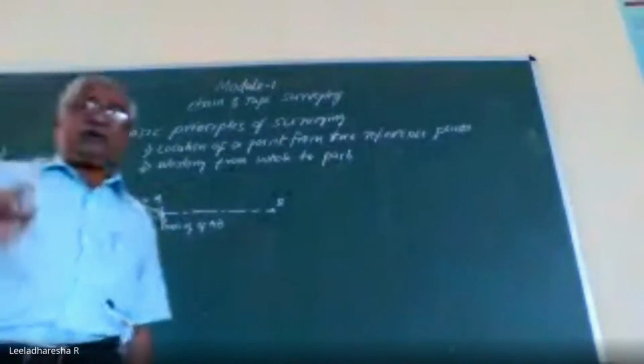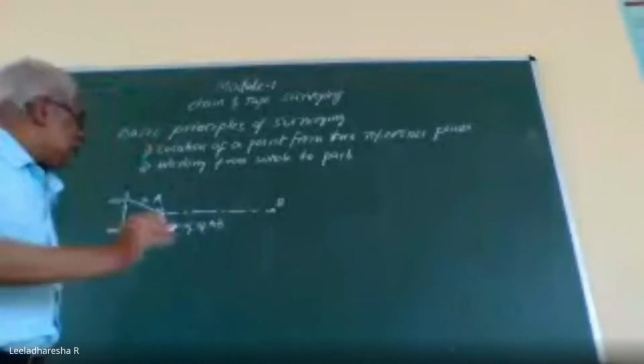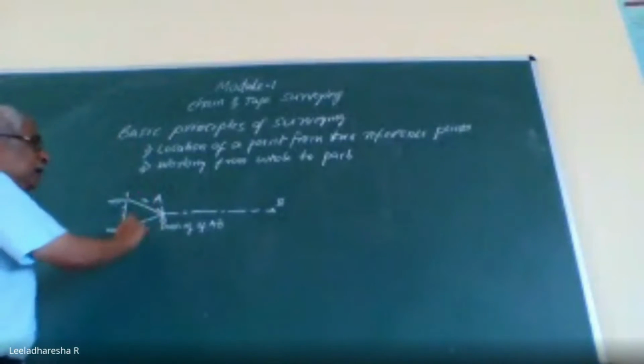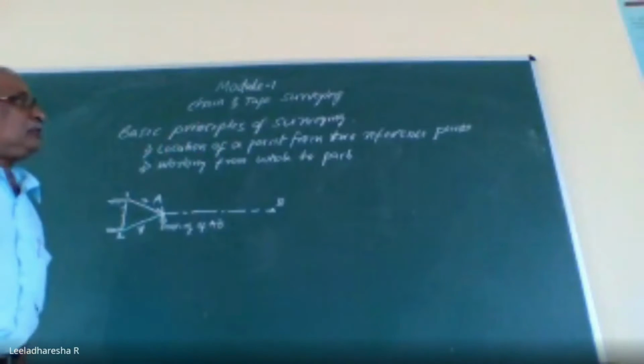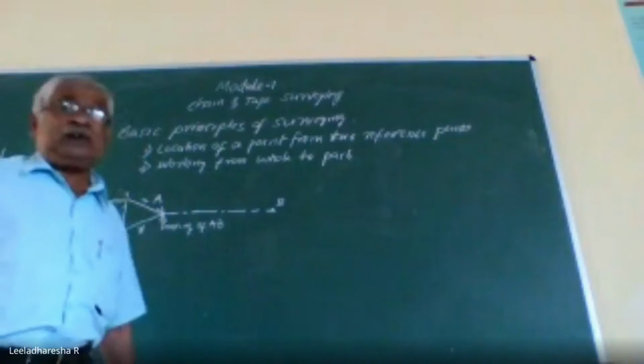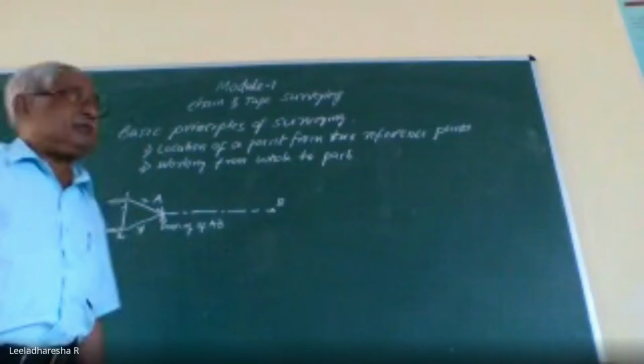So at any time, I can locate this point very accurately if I have the data x and y. This process we call location of a point from two well-defined points or points of reference.